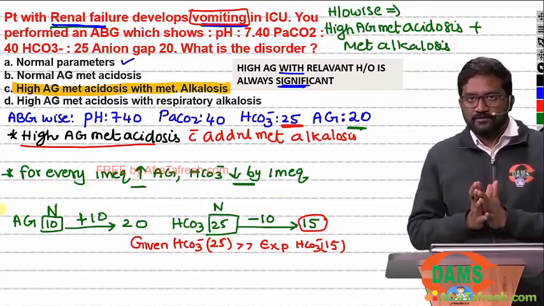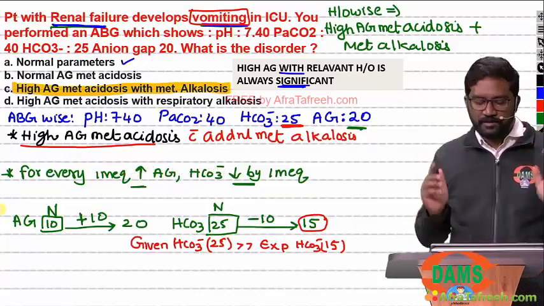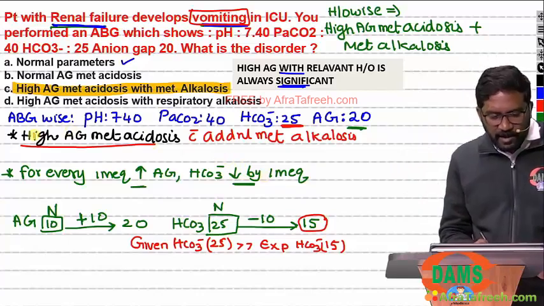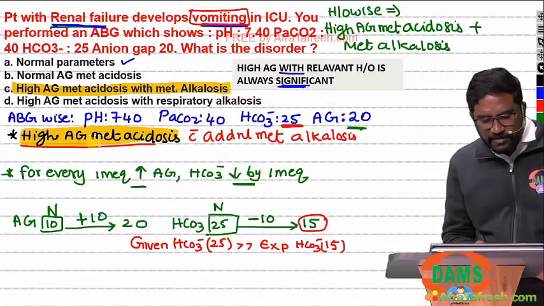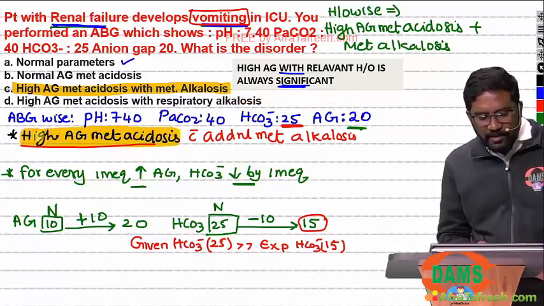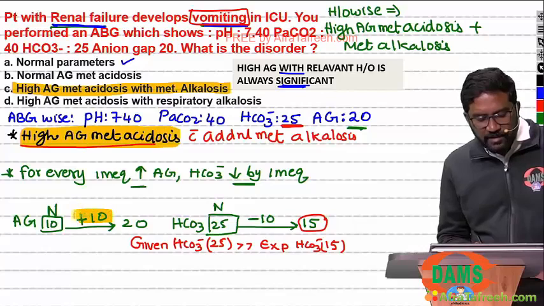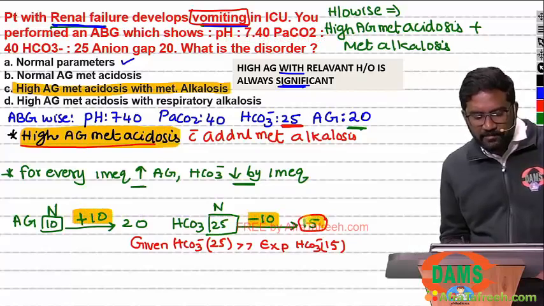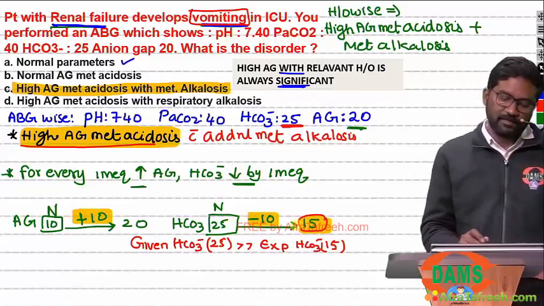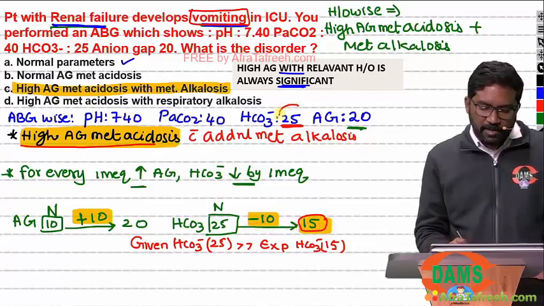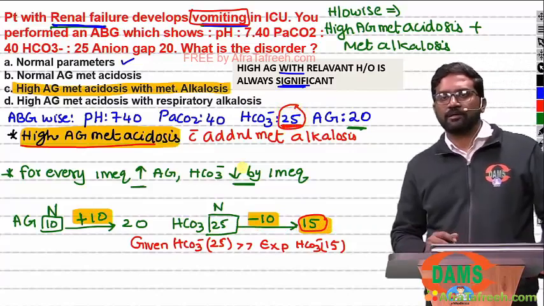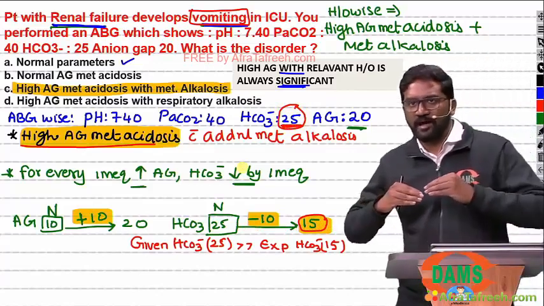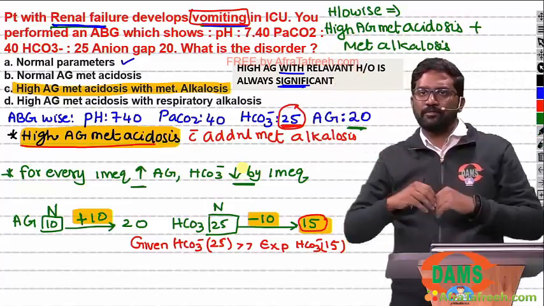So once again students, the basic concept here is, if it was an isolated high anion gap metabolic acidosis only, whenever anion gap has increased by 10, bicarbonate must have decreased by 10 and it must have stayed at 15 only. But in the question, bicarbonate has been increased back to 25. It means something has added extra bicarbonate to the body.